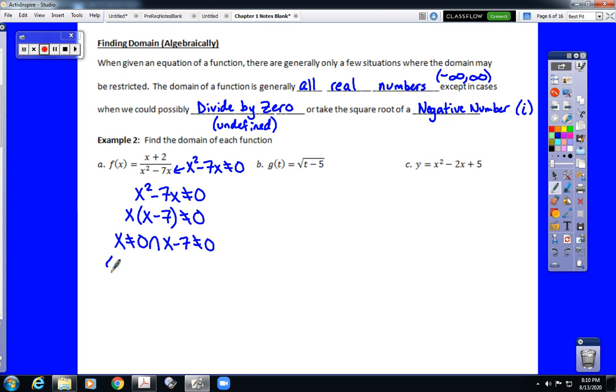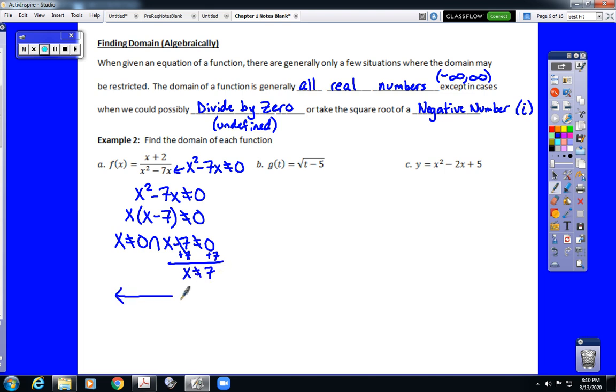So the way I always like to think about this is I like to think about a number line. On that number line, there's 0, there's 7, because we'd add 7, x is not allowed to equal 7. All right? Let's clean that up a little bit. Okay, so here we would add 7 to each side, which means x is not allowed to equal 7.